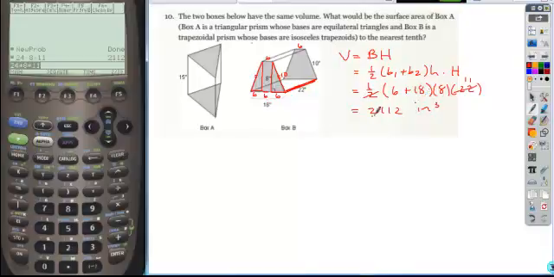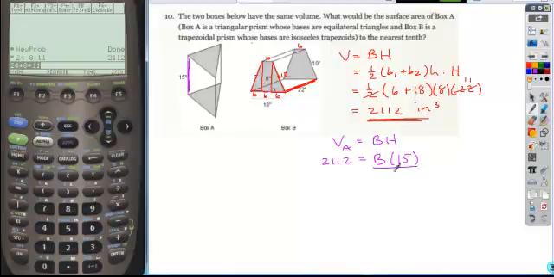Once we know what the volume is, we can now look at this first box. Box A is going to have a volume also capital B, capital H, but this time the base shape is a triangle. I'm going to leave capital B for right now. Our height of this is 15, and our volume we know is 2112.